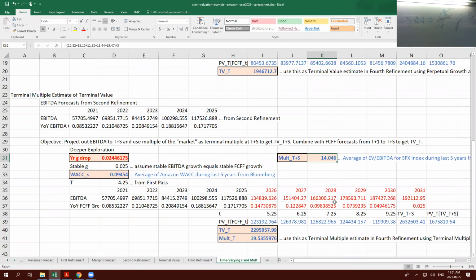So notice, the terminal multiple in my more refined approach, which captures changes in Amazon and changes in market conditions, brought my multiple from the first pass, 27.7, down to 19.5. So it made it go down by about 33%.